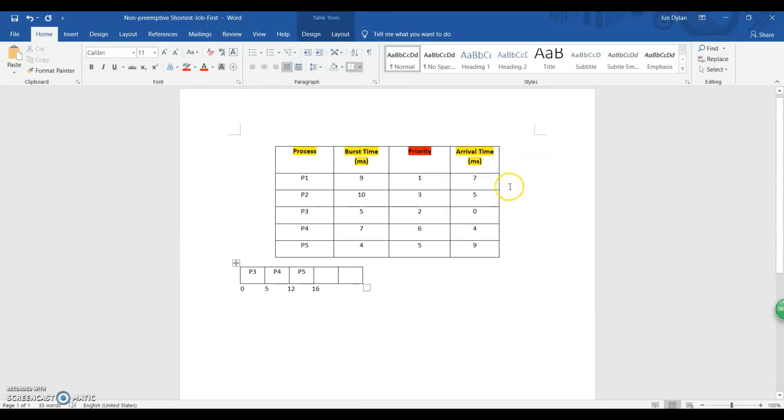And for the next, we still pick the remaining smallest burst time value, which is P1. So we put in P1 first and add 16 with the P1 burst time, which is 16 plus 9, which becomes 25.